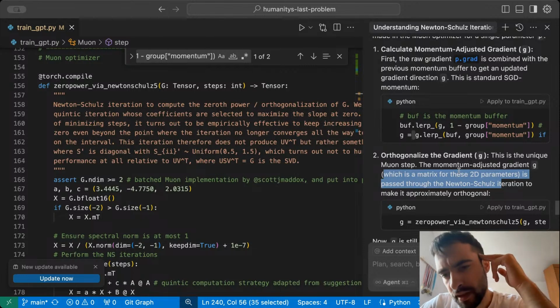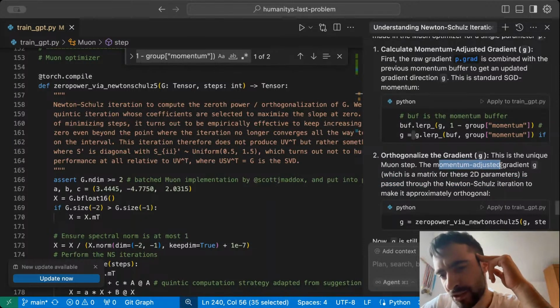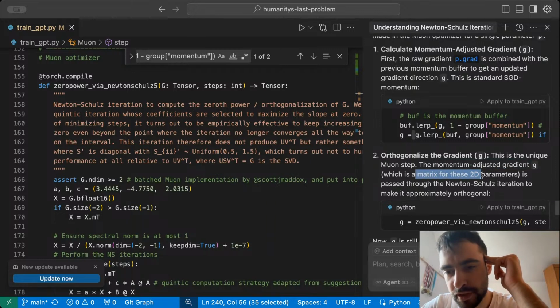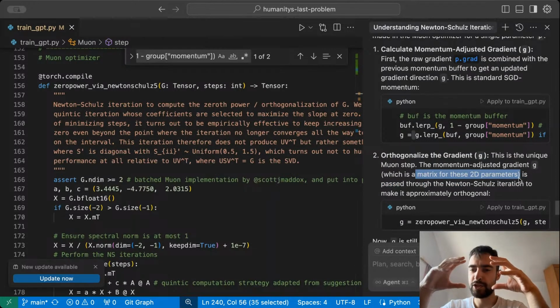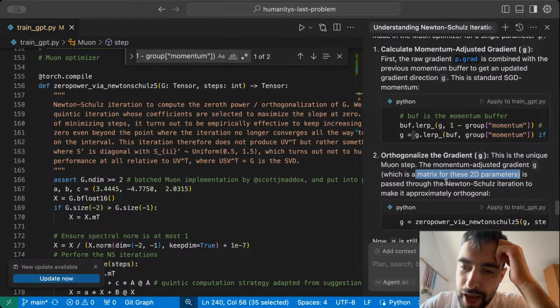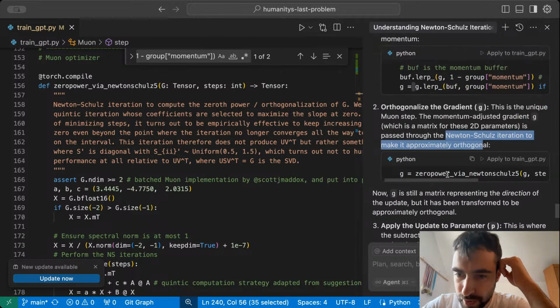Okay, we have a matrix. Each of the values in the matrix is a single derivative for each parameter, how that parameter changes the loss function, I guess, and it is passed to the Newton-Schultz iteration to make it approximately orthogonal.